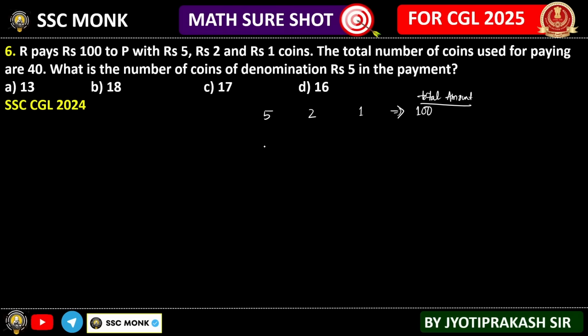Total number of coins, let's say here it is x number of coins, here it is y number of coins, here it is z number of coins. So it is saying x plus y plus z is equal to 40, and here it has told us 5 into x plus 2 into y plus z is equal to 100. That's all. Yes or no? Yes. Now it is saying what is the number of coins of denomination 5 in this payment?